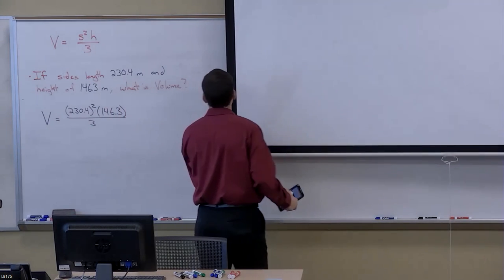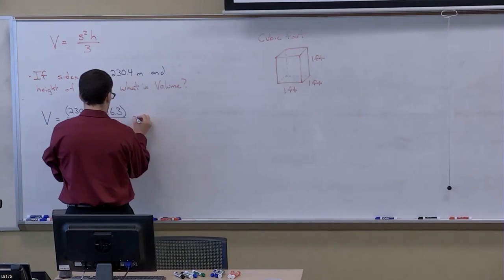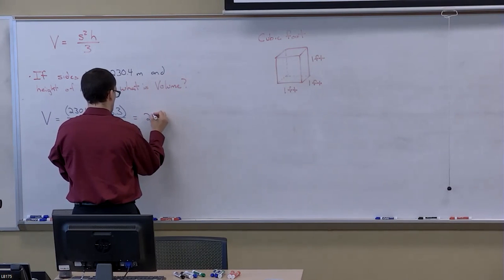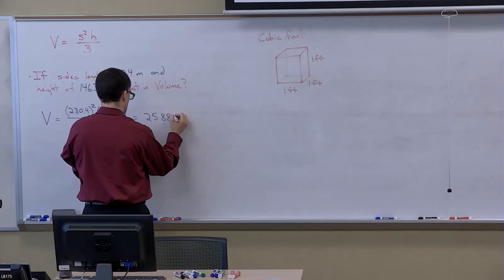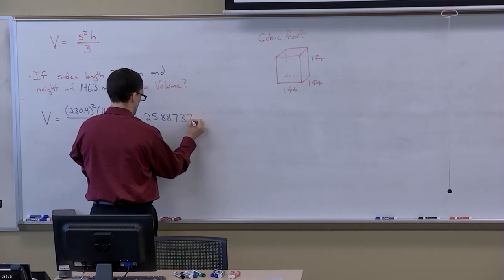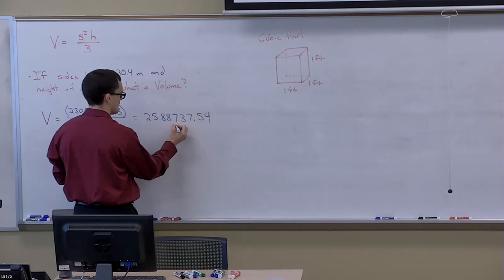Now, when you do that, you end up with 2,587,37 point about 54, rounding it to 2 decimal places.